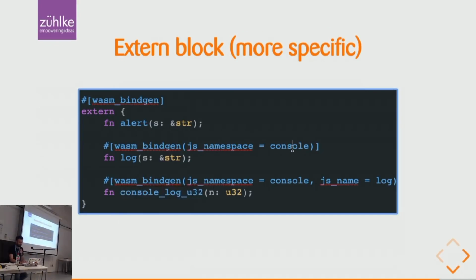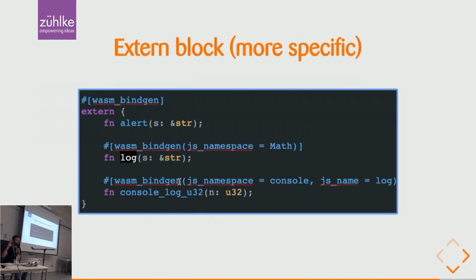So WebAssembly would now go to window.math.log. So that would now be the logarithmic function, right? Math.logarithm. So now I could go ahead and say console_log_u32 and call this log function.